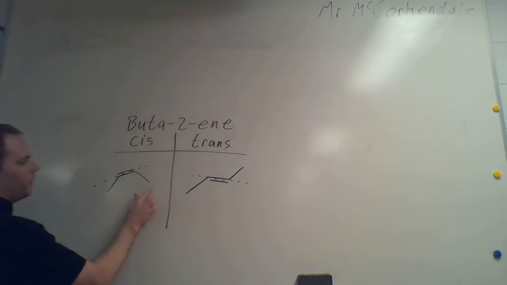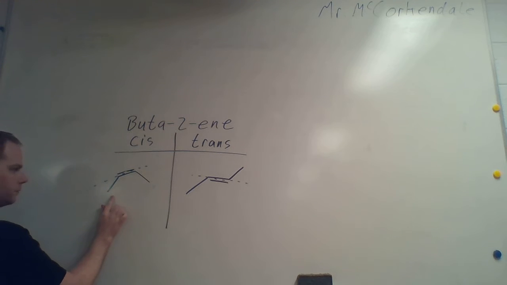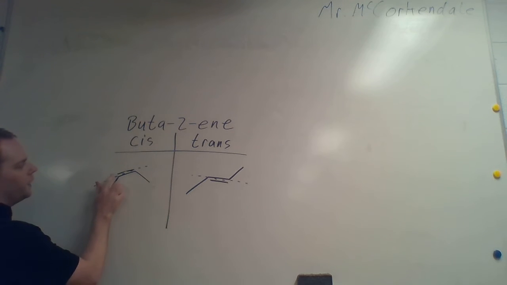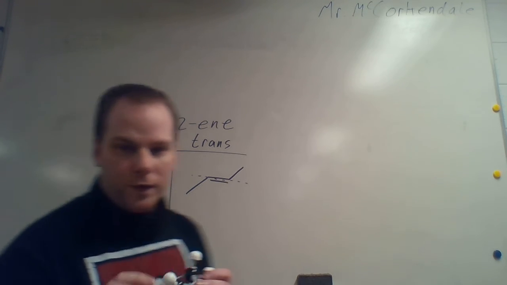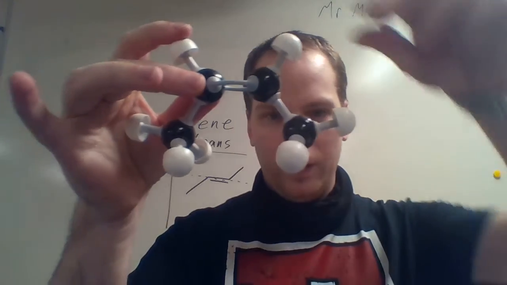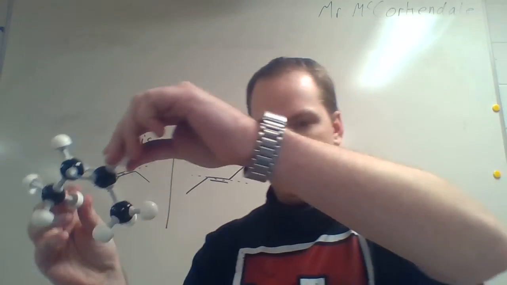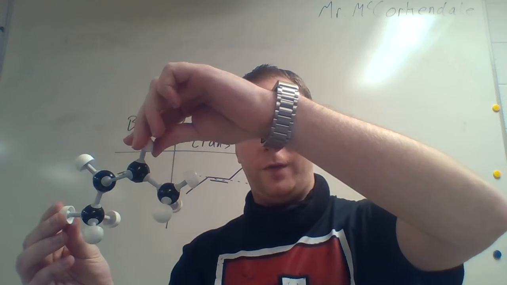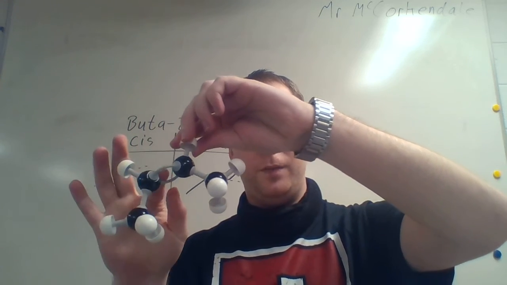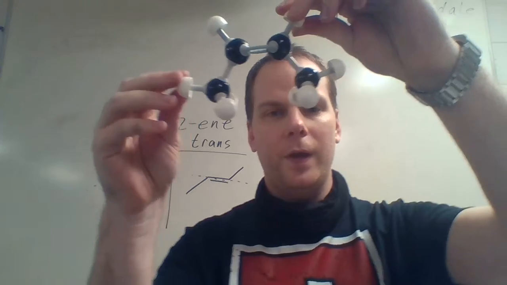So here, in a 4-carbon chain, we have a methyl group on this side and a methyl group on this side, and only a hydrogen here and a hydrogen here, which you can see in this model. So our double bond is in the middle. I'm going to hold it up here.